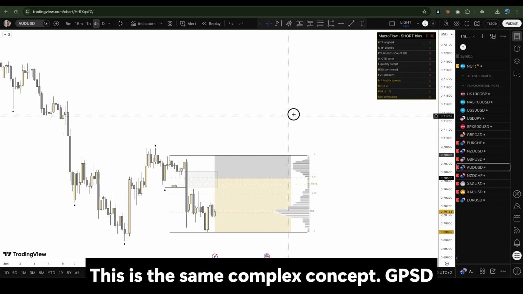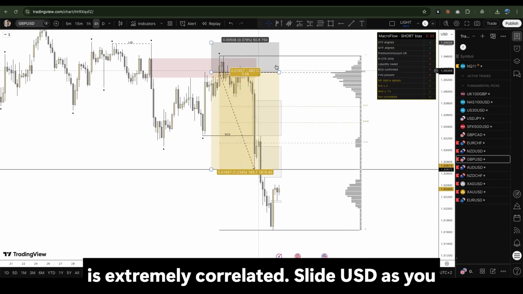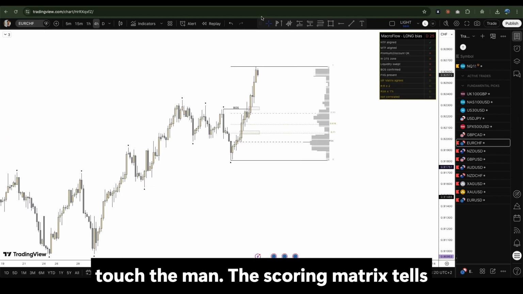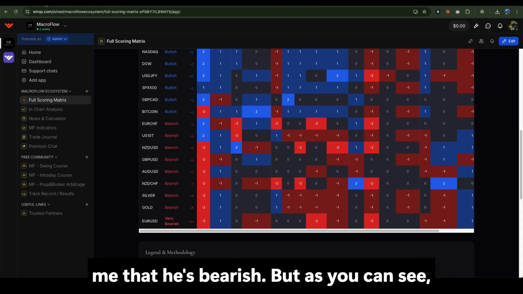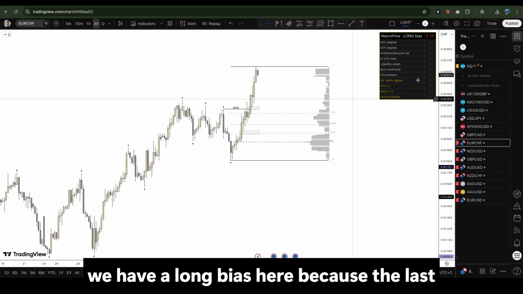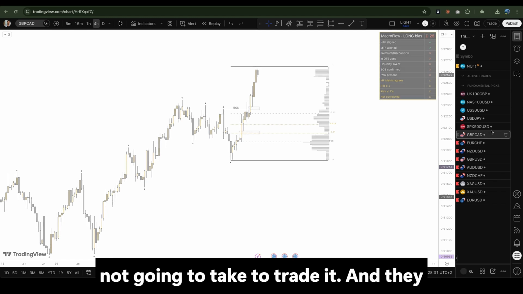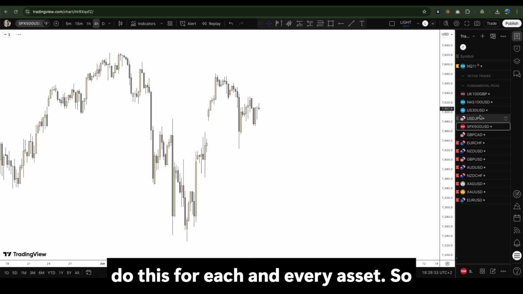This is AUD, same concept. GBPUSD is extremely correlated to SLUSD, as you can see. That's NZD-USD. EURHF, the scoring matrix tells me that it's bearish, but as you can see, we have a long bias here because the last breakout structure was bullish, so I'm not going to trade it. And I do this for each and every asset.